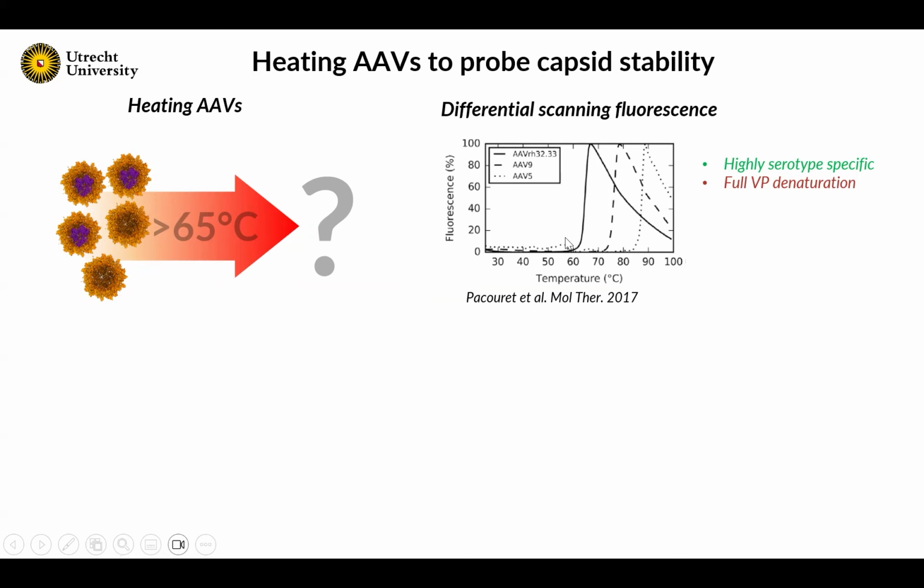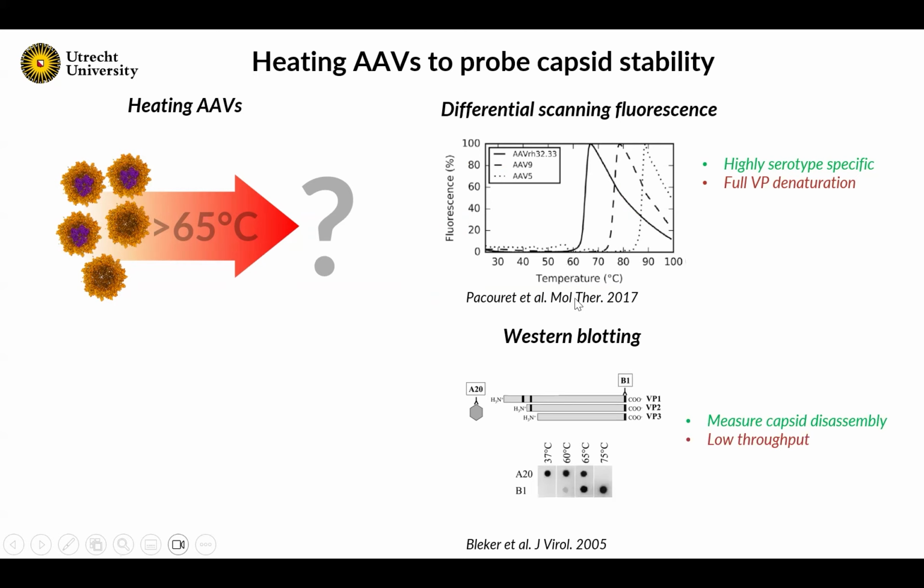However, this gives more information about the actual denaturing of the capsid proteins and not necessarily the different stages of capsid disassembly. Another technique that has been used as well is immunostaining, so using antibodies. You have, for instance, antibodies that can bind just a fully intact capsid, and you have different antibodies that can bind parts of the protein that become exposed upon capsid disassembly. You can use, for instance, Western blotting or dot blotting, increase the temperature of your AAVs and then see if the antibodies still bind.